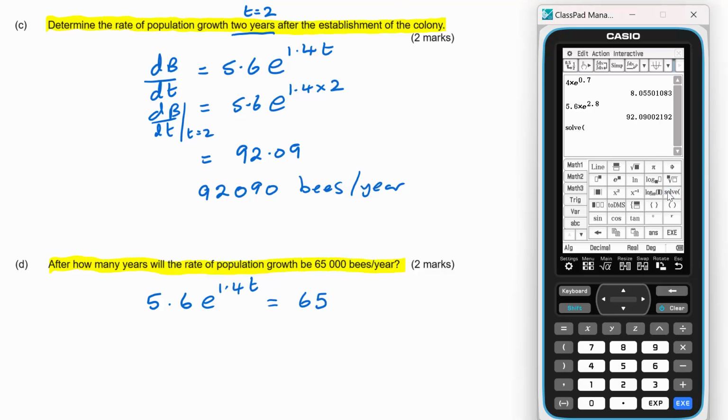So solve, let's just grab that, bring it here and just edit this bit to be 1.4t or 1.4x, and then just put that equal to 65, and that is 1.75.